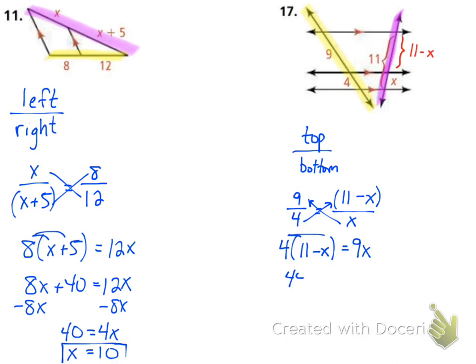Distribute, get 44 minus 4X is equal to 9X. Add the 4X to the other side, and get 44 is equal to 13X. That gives me a weird decimal. So I get X is equal to 3.38.